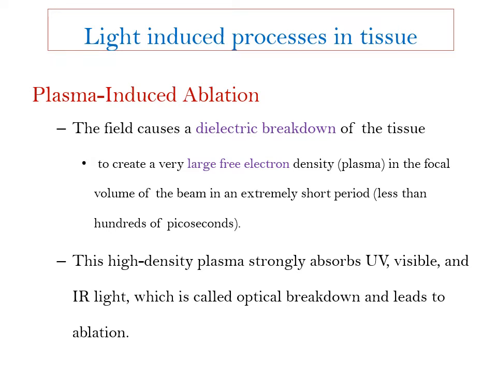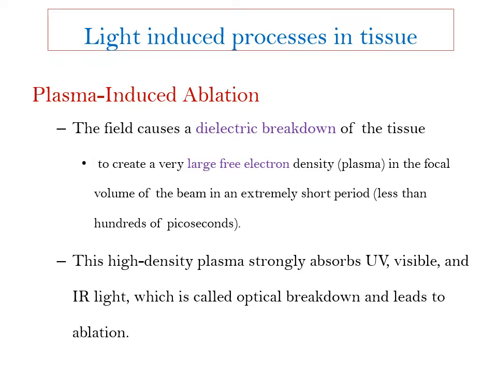The most important parameter of plasma-induced ablation is the local electric field, like I said, which determines when optical breakdown is going to be achieved. If the electric field exceeds a certain threshold value, as in multiphoton ionization of atoms and molecules, optical breakdown will be achieved. So the field causes dielectric breakdown of the tissue.